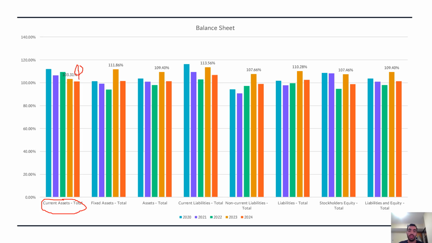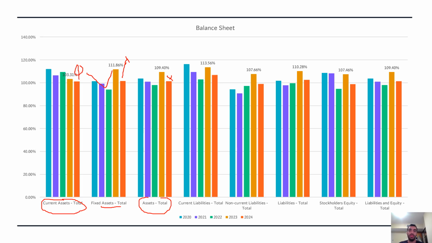As we see, fixed assets, on the other hand, show a clear upward trend, reaching about 110 of the base year by 2024. It signals increased investment in long-term assets. Total current and non-current assets followed the growth in fixed assets, showing an overall rise in CVS's asset base by 2024.